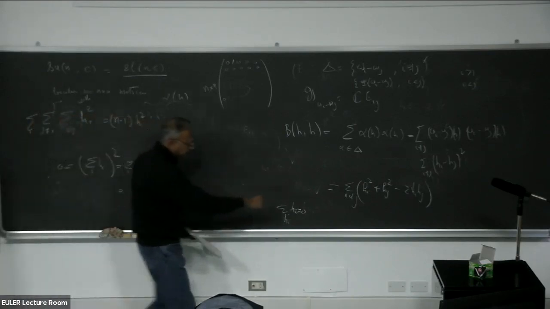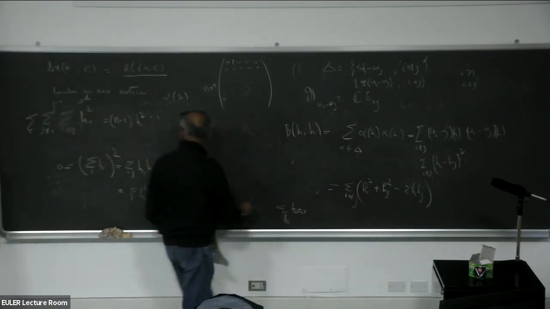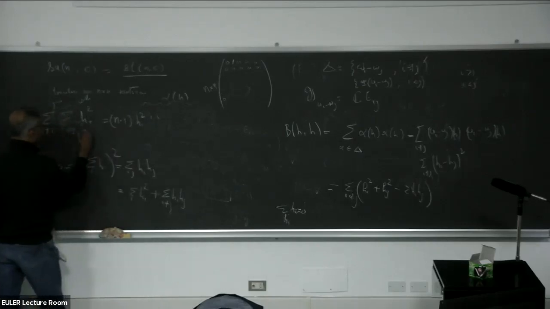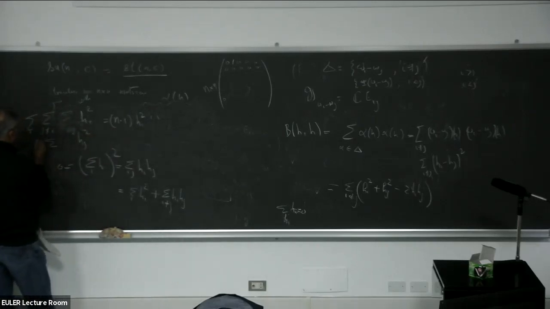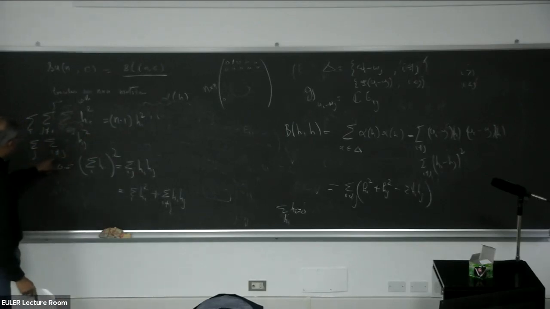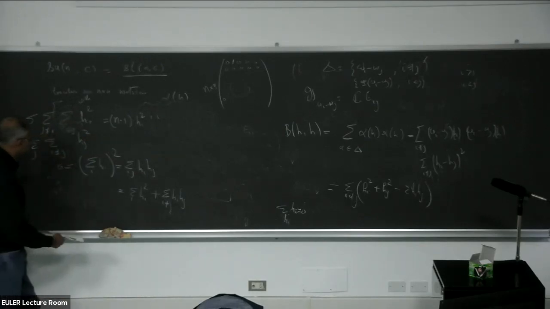The same thing happens for hj square. Now I do the j sum: first I fix a j, and sum over i not equal to j, and again it's the same thing, obviously.